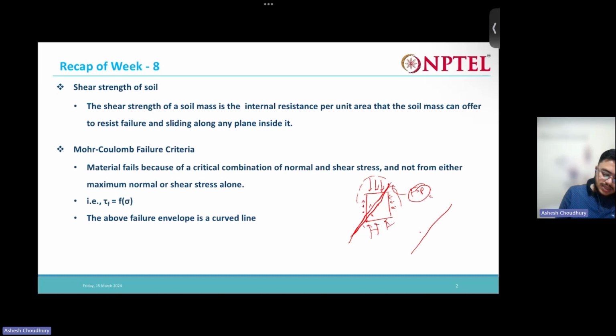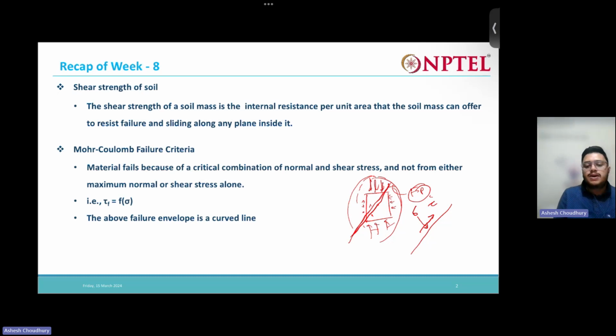This failure plane will be the one where, due to the overall loading that you are applying, we are going to have normal stresses and shear stresses generated in all places, in n number of planes.